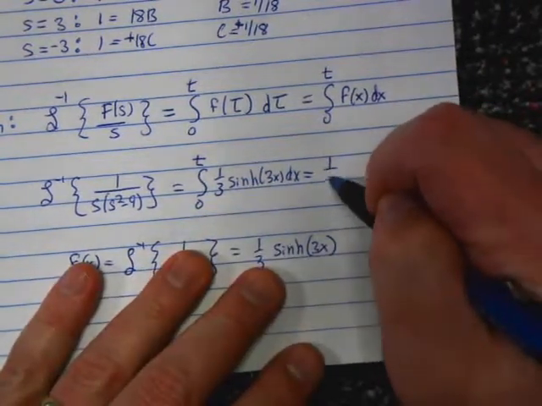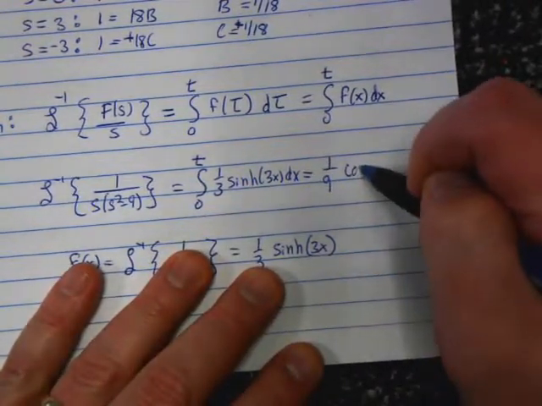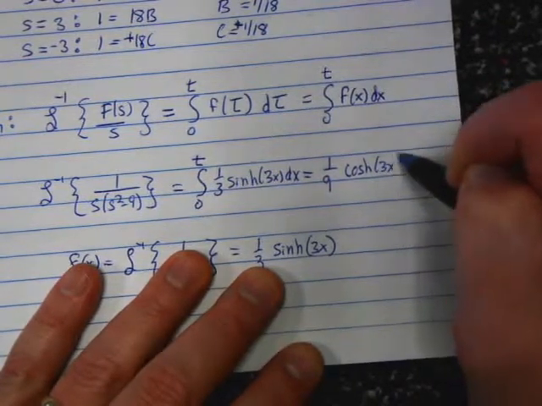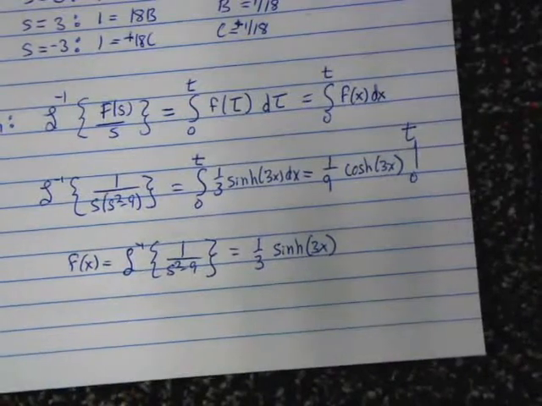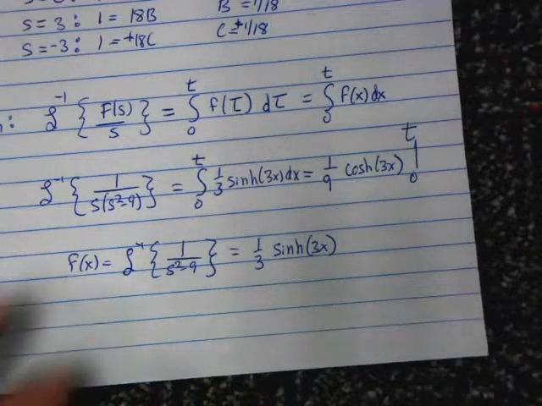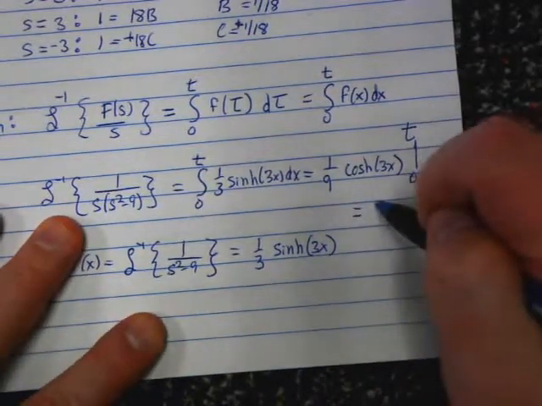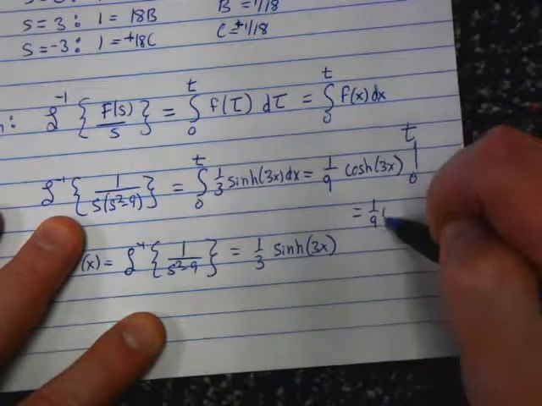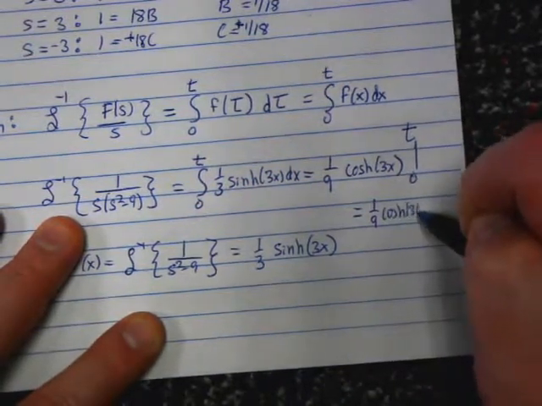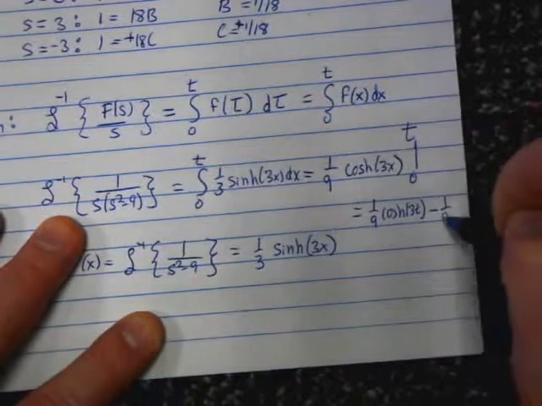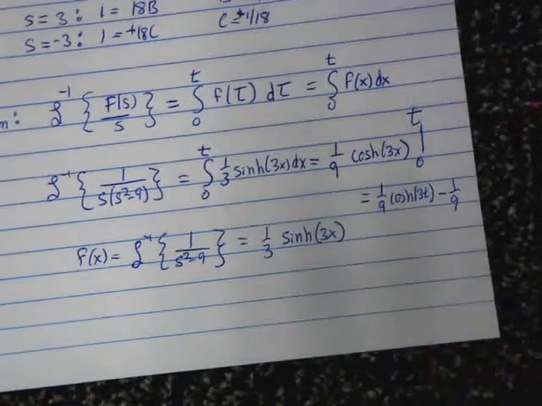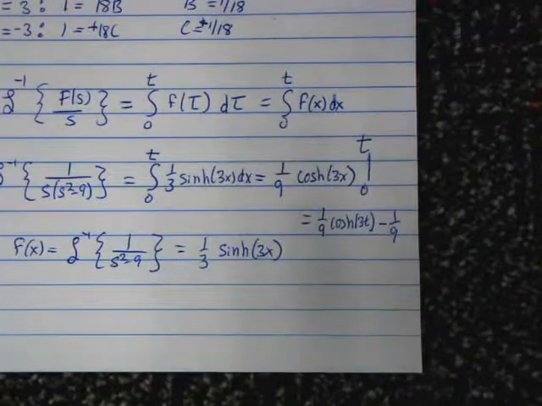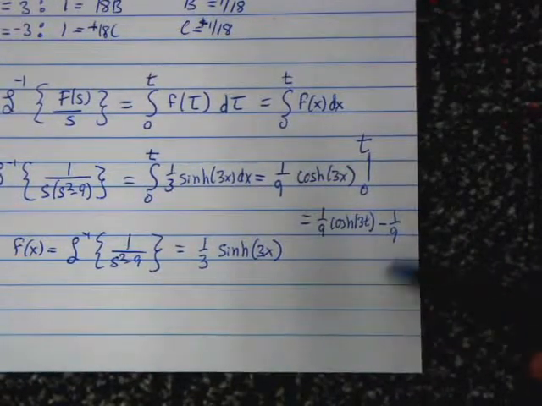So that's going to be 1/9 hyperbolic cosine of 3x, evaluated at 0 and t. Final answer is 1/9 hyperbolic cosine of 3t minus 1/9 hyperbolic cosine of 0. Hyperbolic cosine of 0 is 1. So 1/9 times 1 is 1/9.